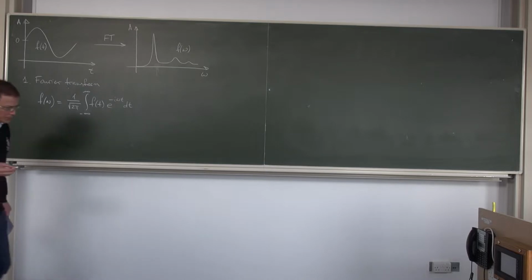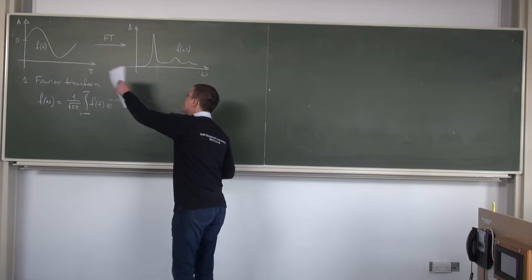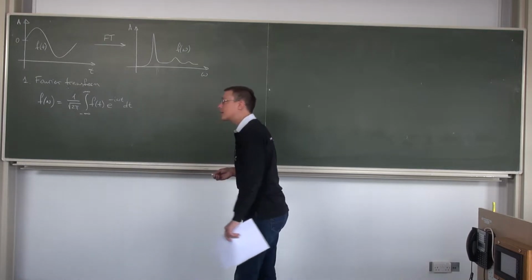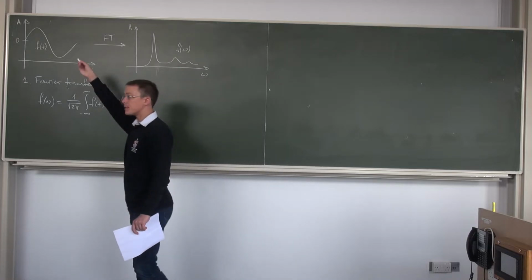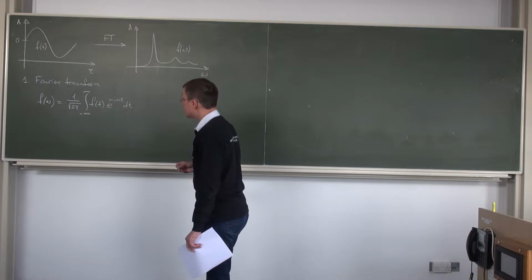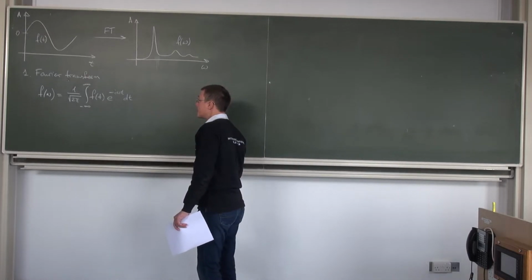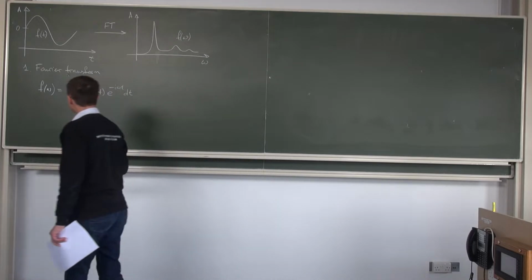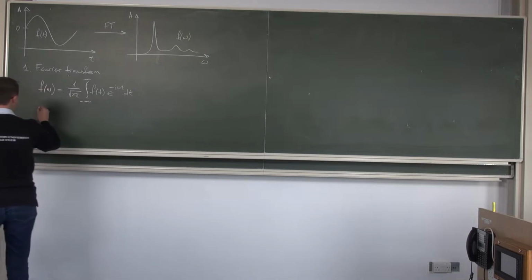And then, of course, it's intuitively clear that in some sense these two representations of this signal are equivalent, that this contains the same information as that. It can be proven rigorously, of course, but in mathematics for chemists we don't have the time for those proofs. But there is an inverse transform that takes a frequency representation back into the time domain.